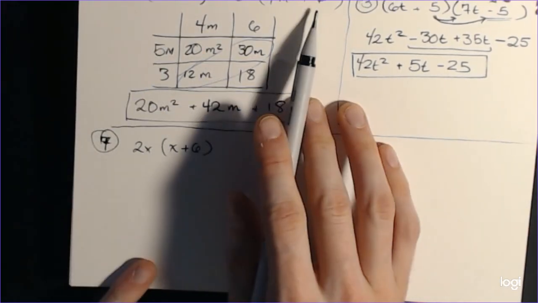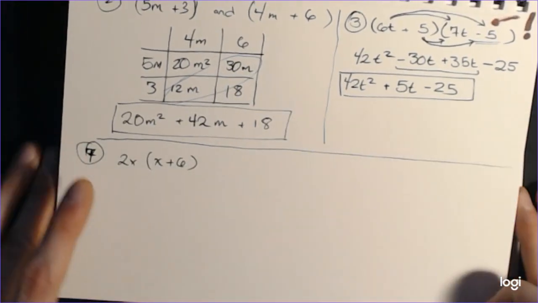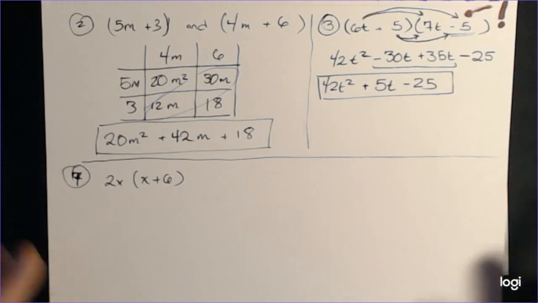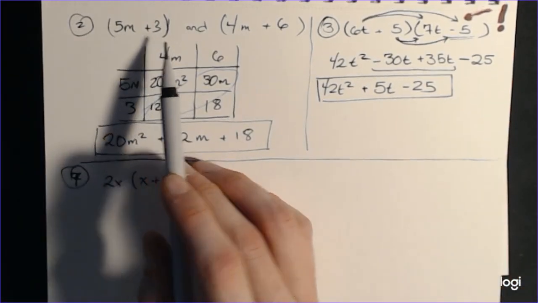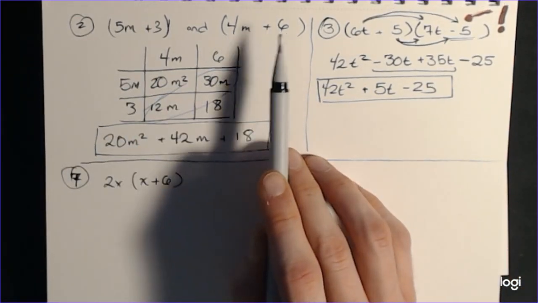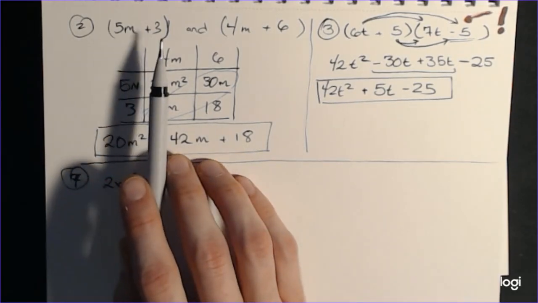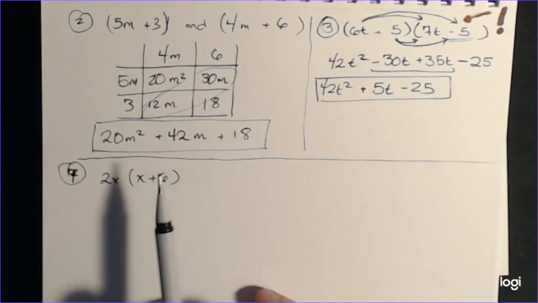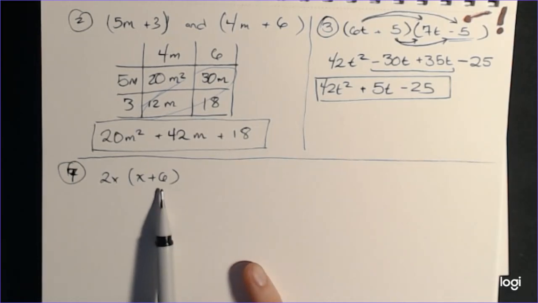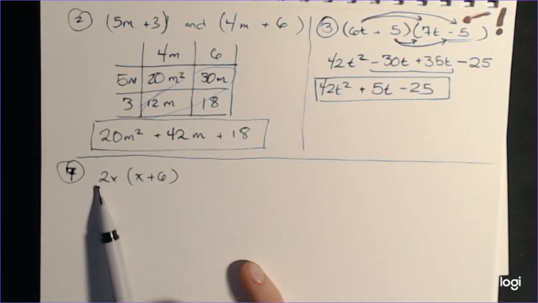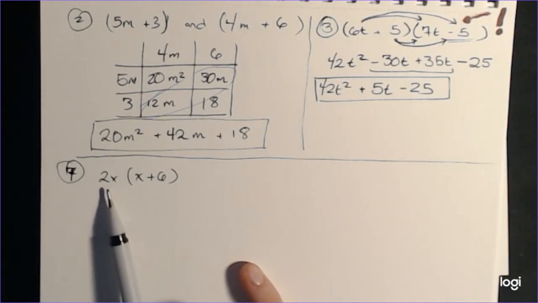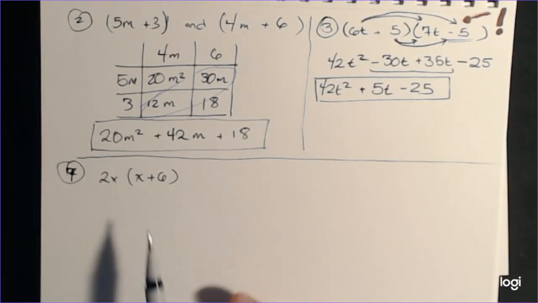So up here before, what we were doing is we were multiplying a binomial with a binomial. Remember, it's a binomial because it has two terms, one with this variable and then this constant. Now if we look here, we do have a binomial here in the parentheses. We have x plus 6. But on the outside, we just have one term, this 2x. So this is a monomial multiplied by a binomial.